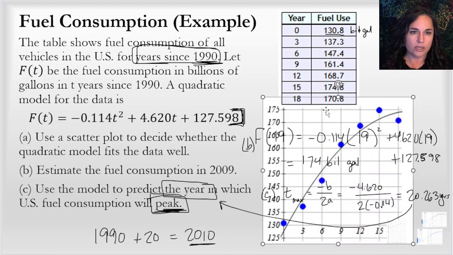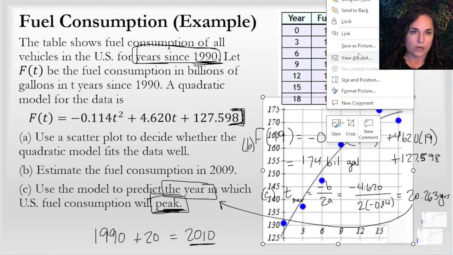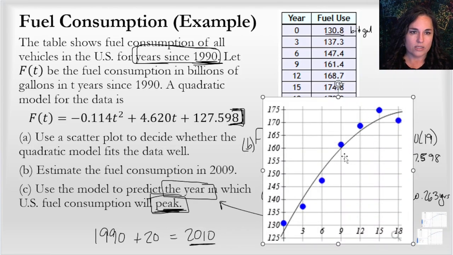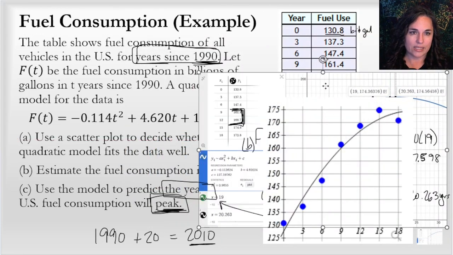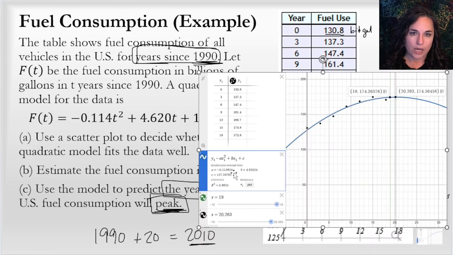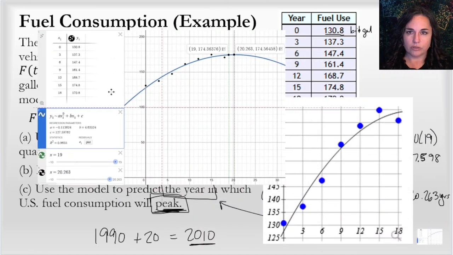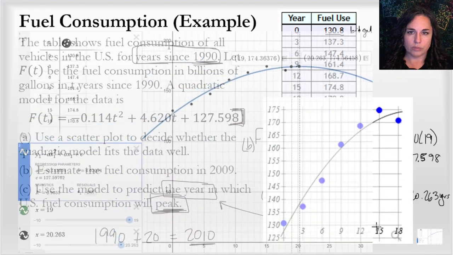Here's the fit. There's the fit according to the homework problem that I pulled this from. I actually put the data into Desmos for myself, and you can see the equation there. I'll move it over so that you can see the equation a little bit better.